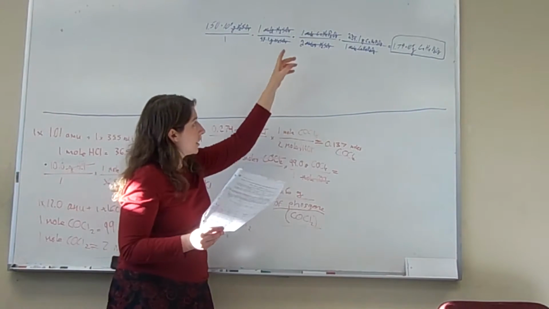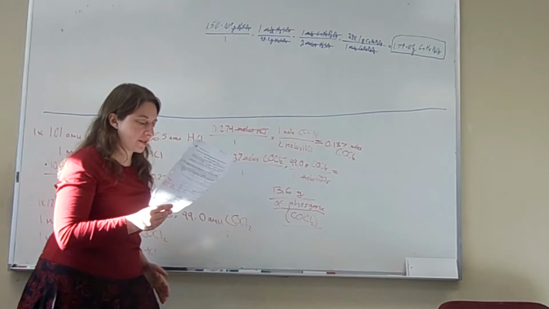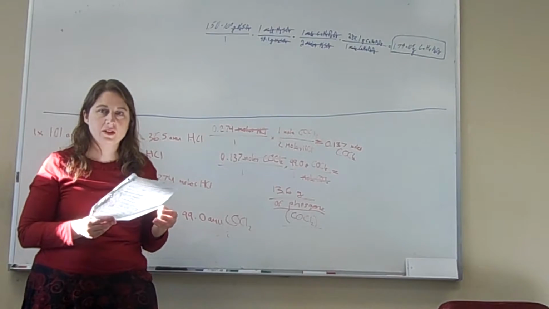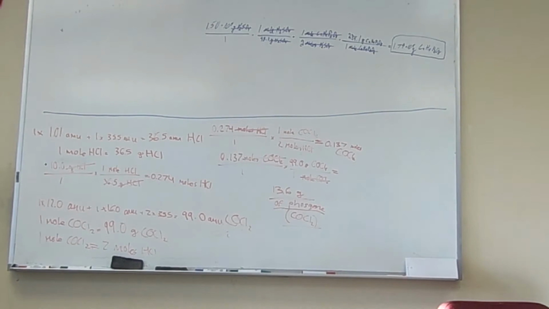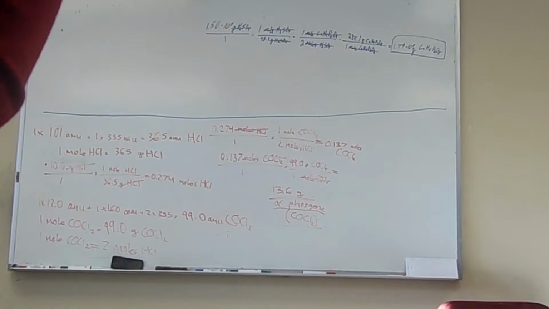So if you have excess of the calcium compound and excess water, what's the limiting reactant in that question, Jen? If it tells you that the calcium compound is in excess and the water is in excess, then what's the limiting reactant? Excess.